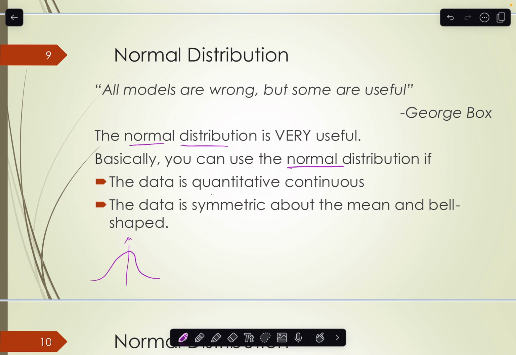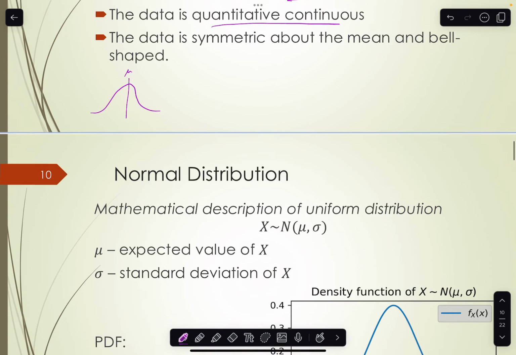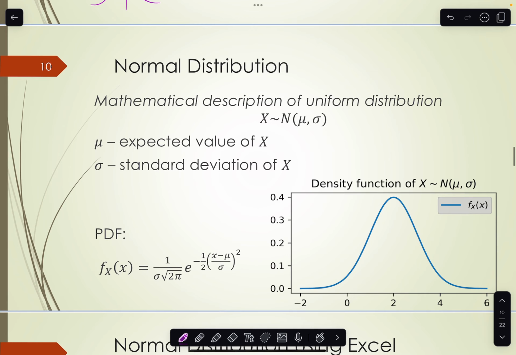Now, the data does not, strictly speaking, need to be continuous. If it's discrete with a very large number of possibilities, well, you could also use the normal distribution to model that. These are guidelines. The question is, how well does it work? Let's look at the mathematical description of the normal distribution.